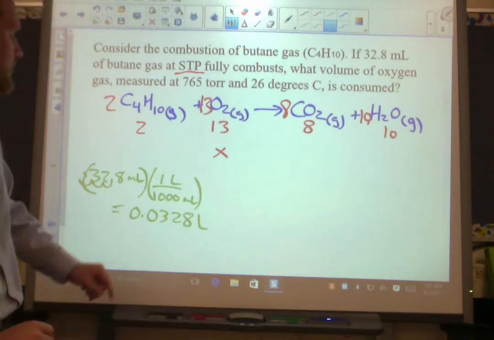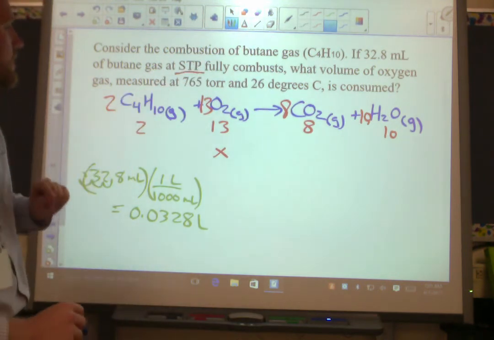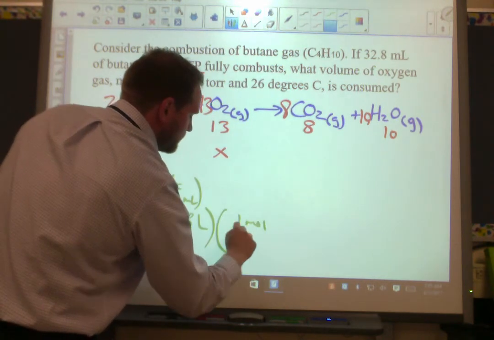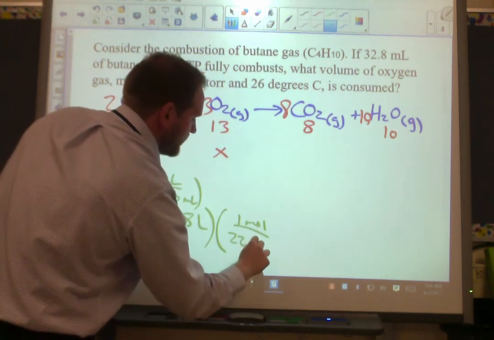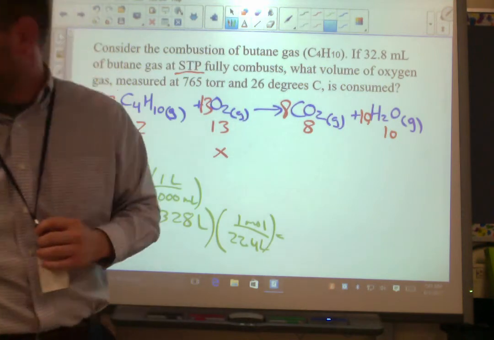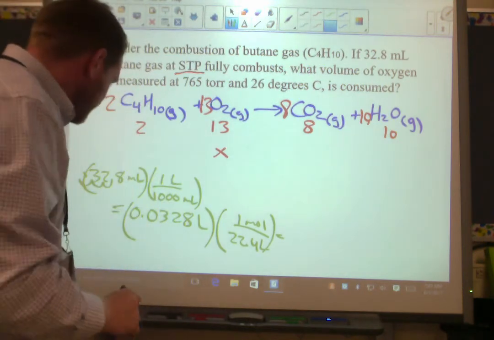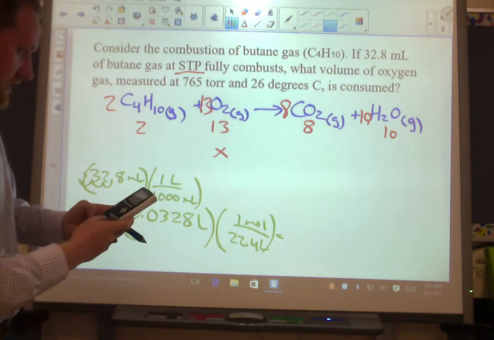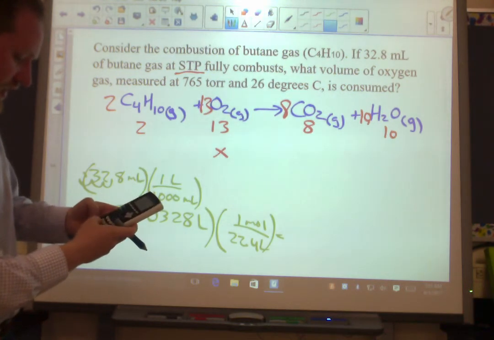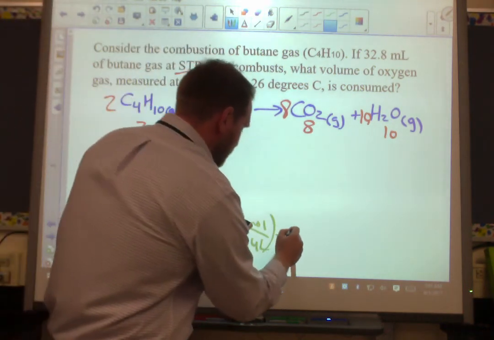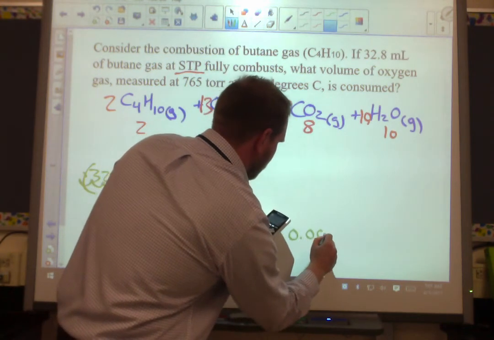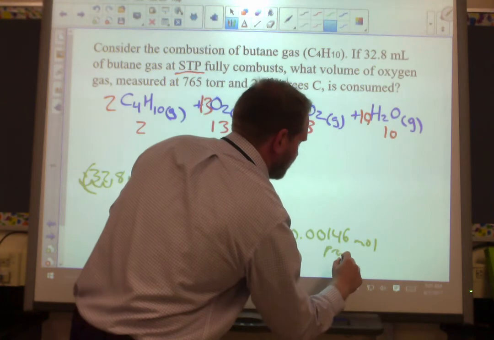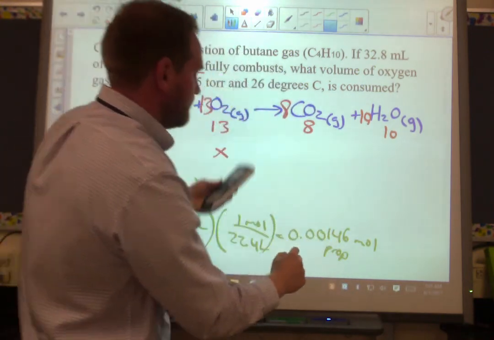Okay, now that's liters of butane. Because it's at STP, I'm going to multiply it by 1 mole over 22.4 liters, which is going to give me 0.0328 divided by 22.4, which gives me 0.00146 moles of propane. Not propane, no, it's butane.